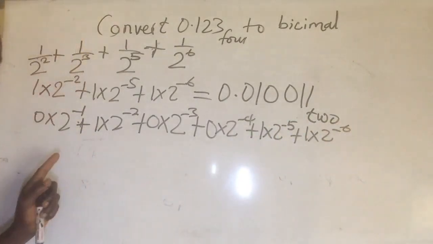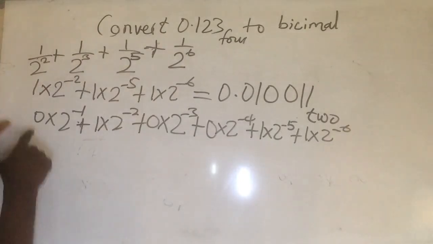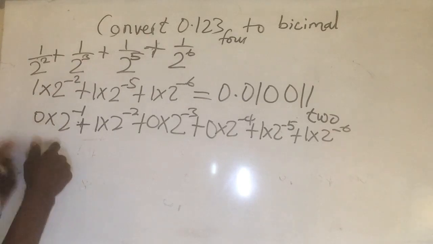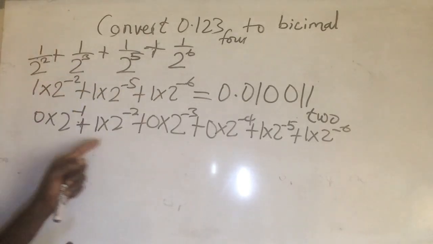This is how it's supposed to be. If any power is missing, it means its coefficient is 0, so it does not appear.